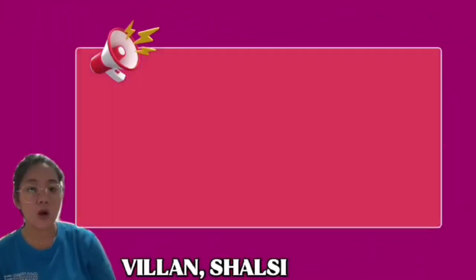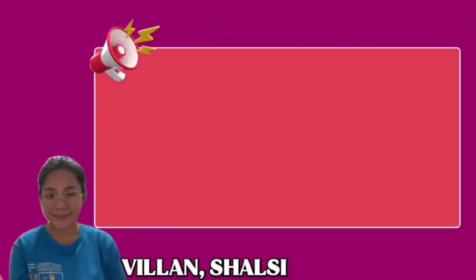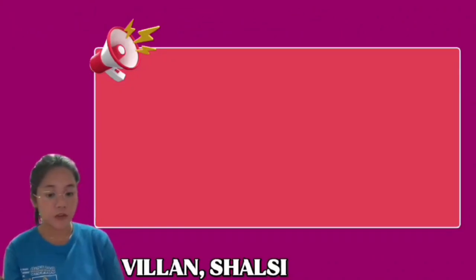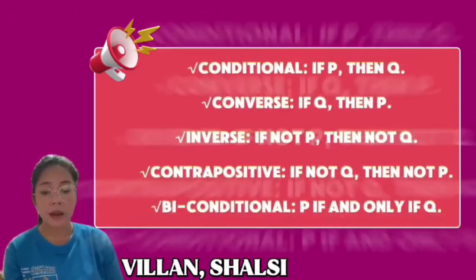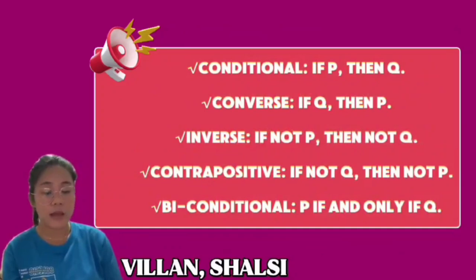So here is the overall conclusion. Conditional, if P, then Q. Converse, if Q, then P. And inverse, if not P, then not Q. And next is the contrapositive, which is if not Q, then not P. And lastly is the biconditional.